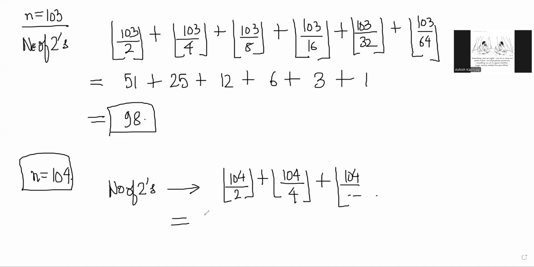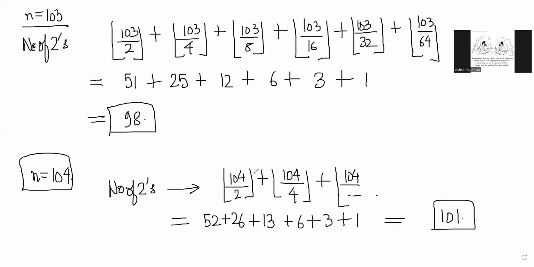You will get 52 plus 26 plus 13 plus 6 plus 3 plus 1, and this adds up to 101. So when n is 104, you are getting 101 2s.